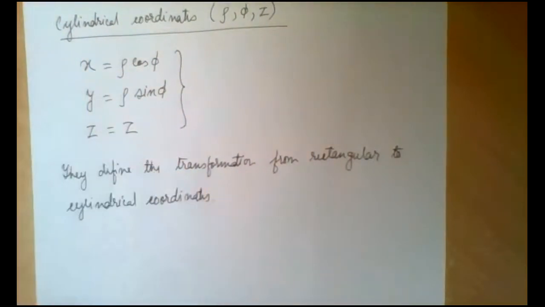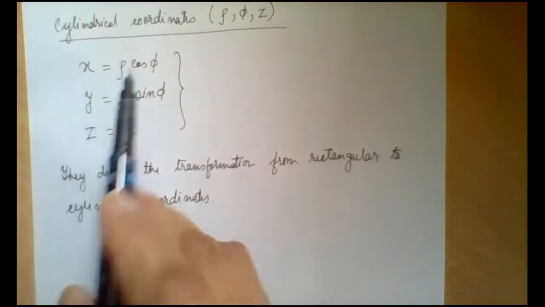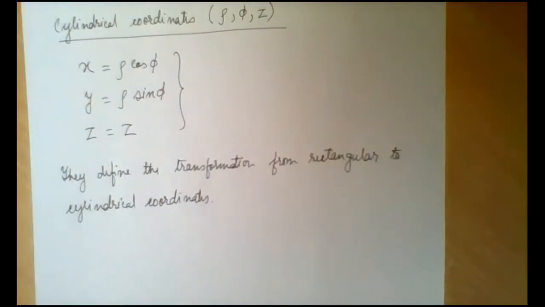So these three equations define the transformation from rectangular to cylindrical coordinates.